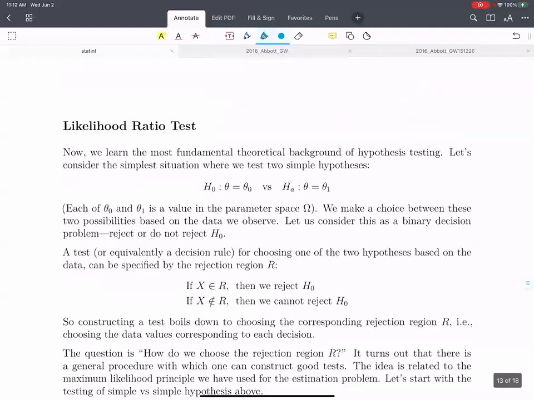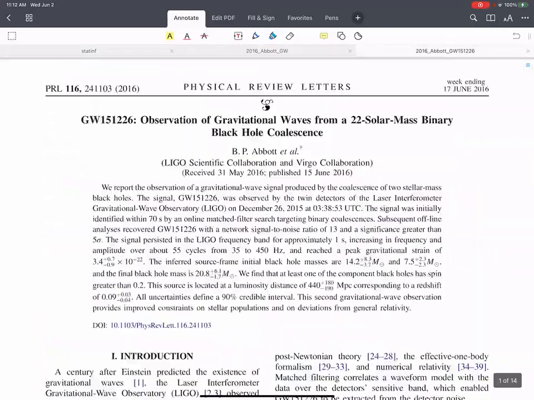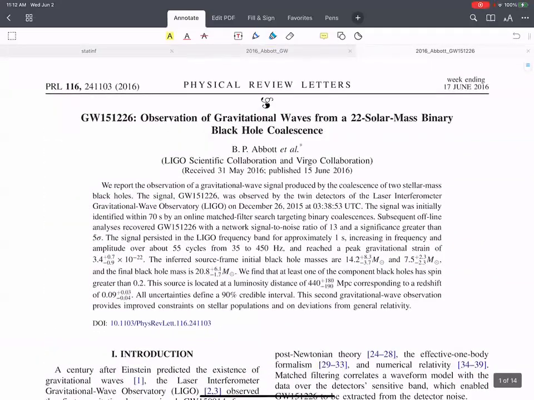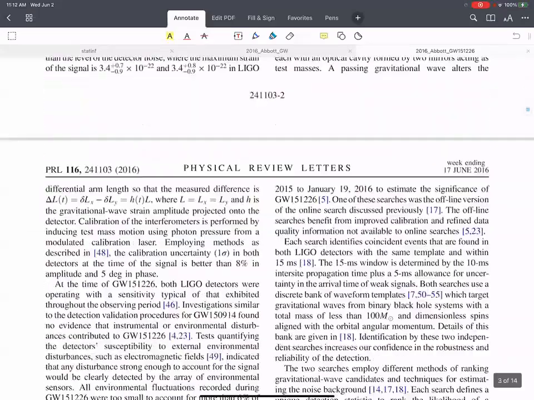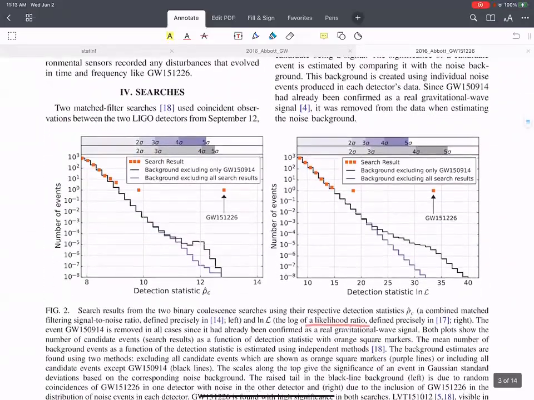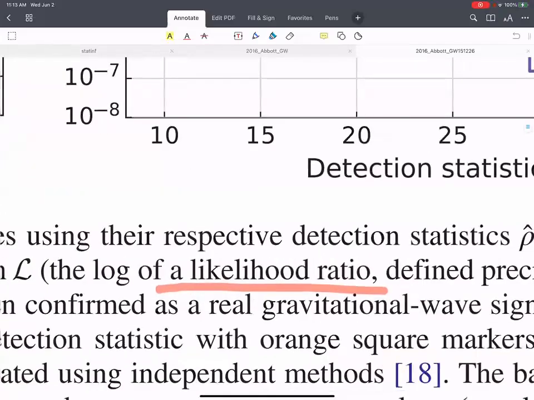And finally, the likelihood ratio test. The likelihood ratio test is the most fundamental theoretical background of all classical frequentist hypothesis testing procedures. Let me show you another paper on gravitational waves. This is about the third gravitational wave detected in December 2015. The reason I chose this paper is that this time they specify that they are doing a likelihood ratio test.